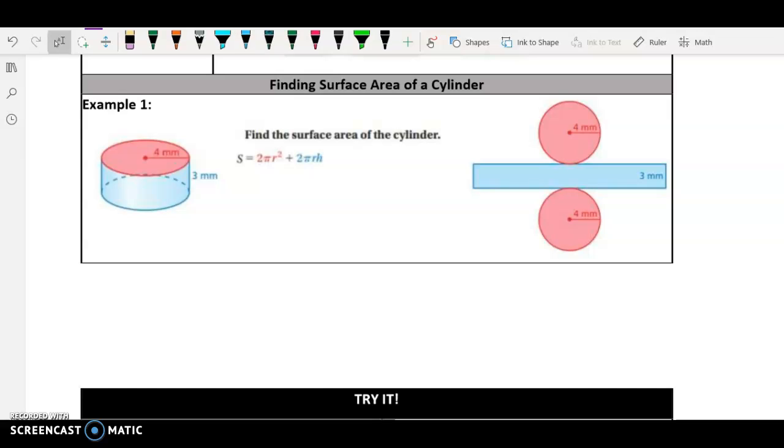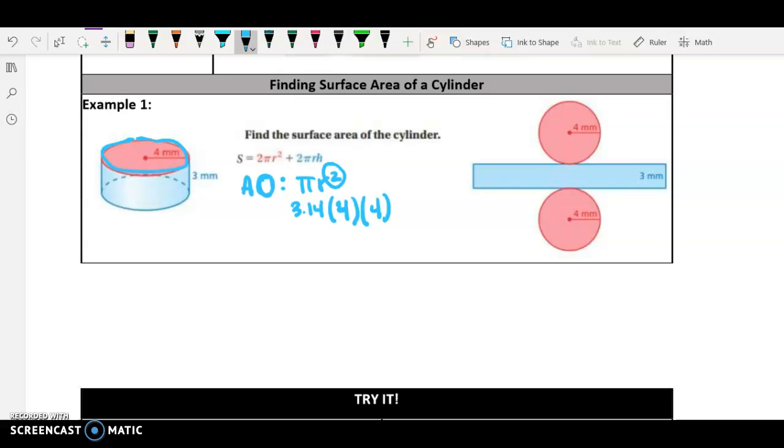All right, so example 1. First we need to find the area of the circle, and we just learned how to do that in our last topic. So the area of a circle, I'm going to draw a circle so that way I can keep them separated, is pi r squared. So we're going to use 3.14 times our radius, which is 4, times 4, because that means we're going to do 2 of our radius, or radii.